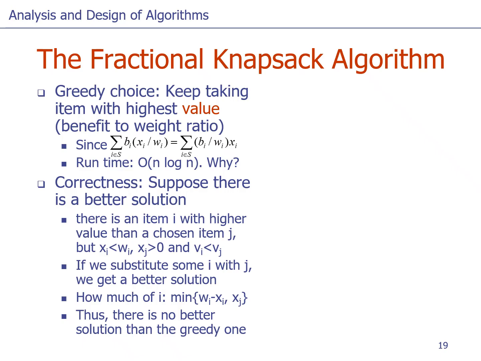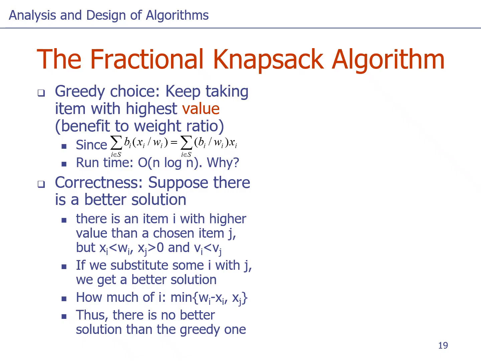Okay, now regarding the running time of the fractional knapsack, it's n log n because of the sorting that we're doing. So if we use quick sort or merge sort, which we discussed in divide and conquer, but we didn't discuss really their performance, it's going to be n log n. That's for the sorting of the items by value.